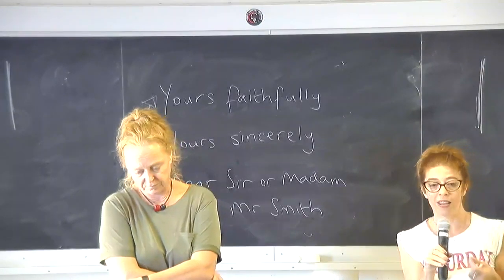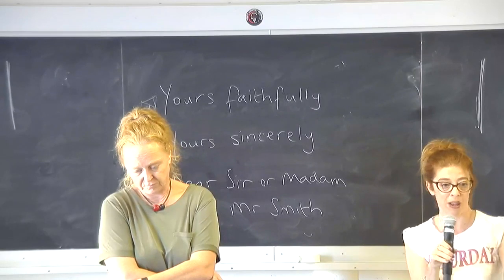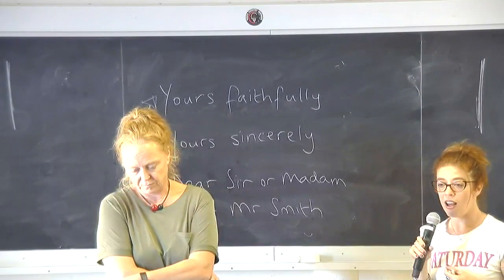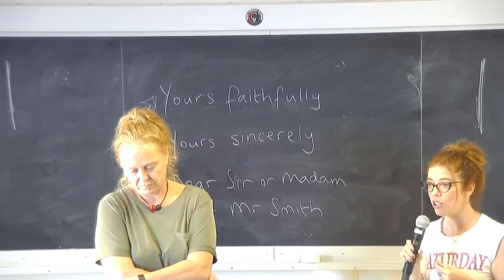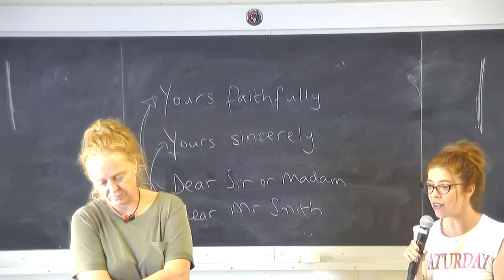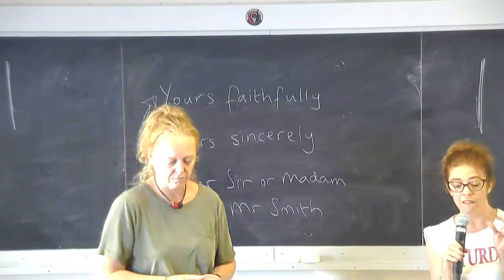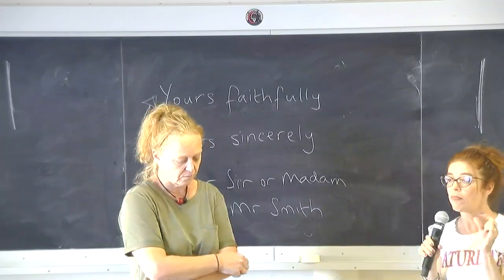They read your letter. They see some mistakes where the date is. You haven't put in the recipient's details. You haven't put in a subject line. You've used the wrong beginning, the wrong end of a letter. Little things like that are very, very important that you get them correct.